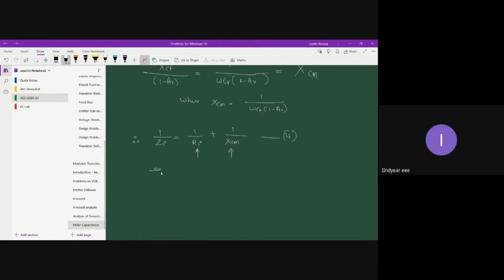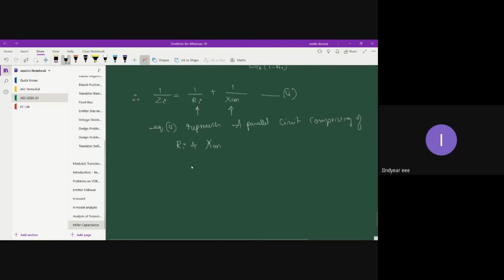So basically, equation 4 represents a parallel circuit comprising Ri and XCM. So you can construct a parallel circuit out of equation 4. That will be something like this.